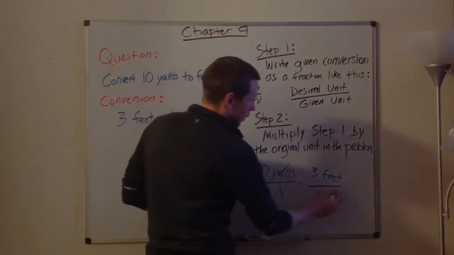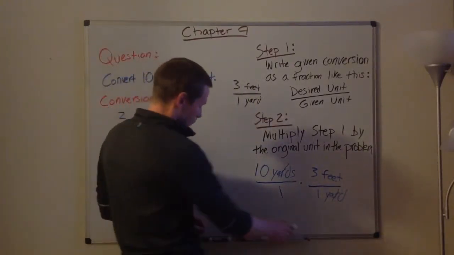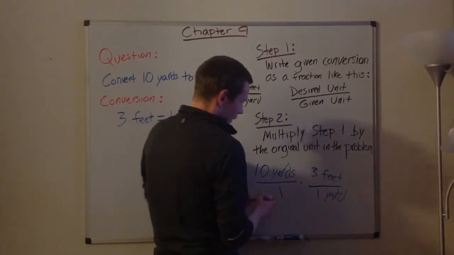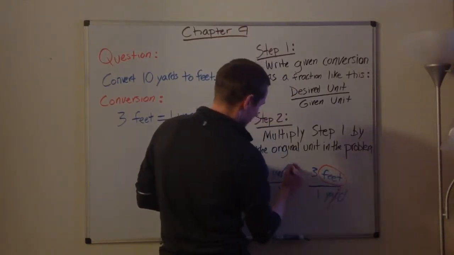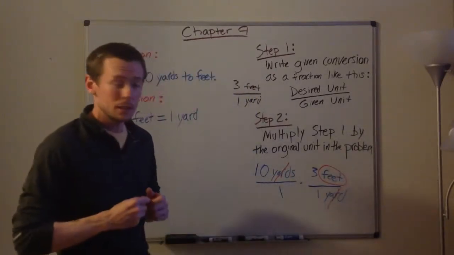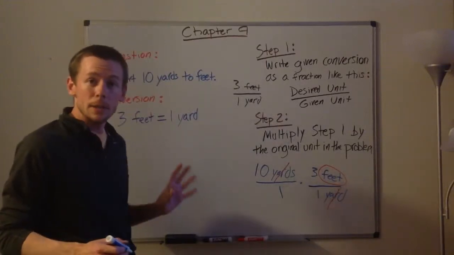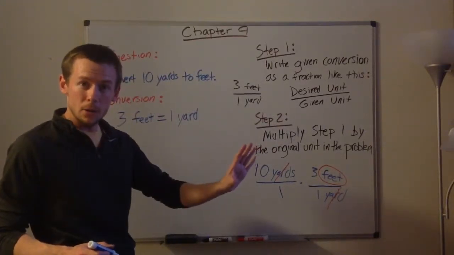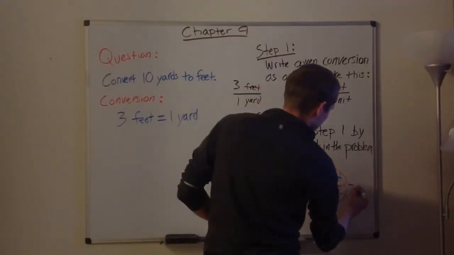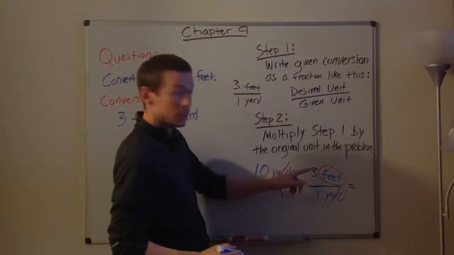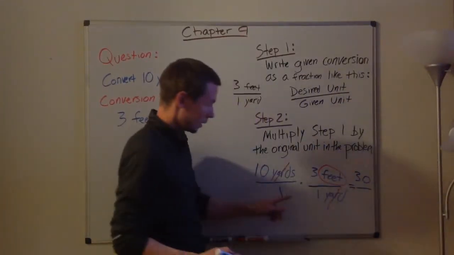We can cross-cancel the yards there, and all we're left with is feet. Then we go ahead and multiply numerator by numerator and denominator by denominator. 10 times 3 is 30. 1 times 1 is 1.